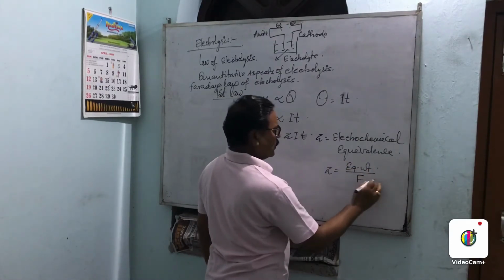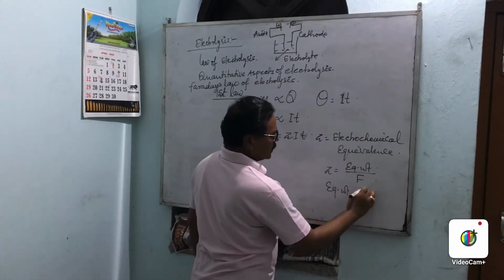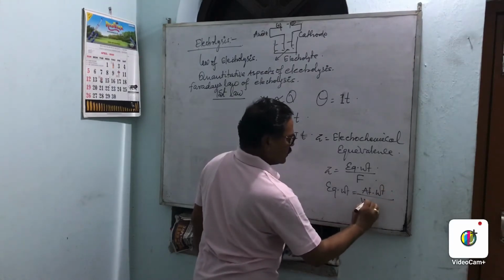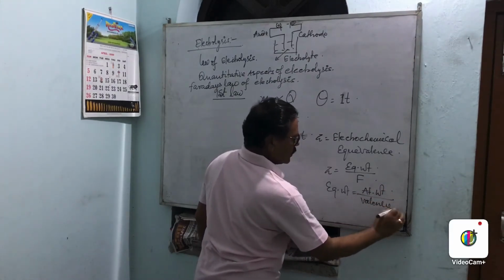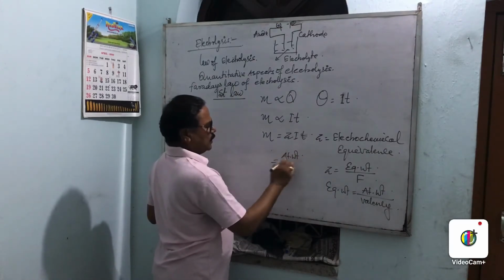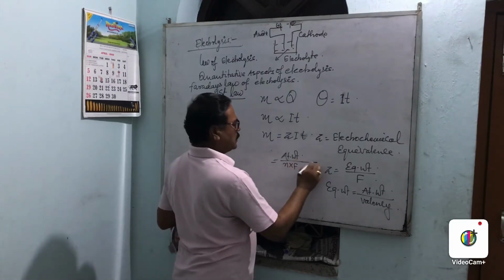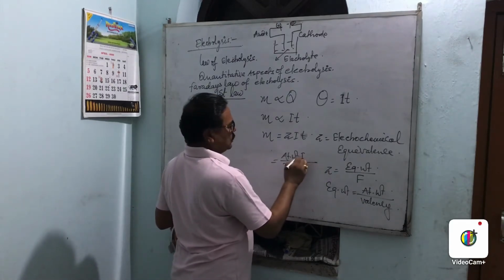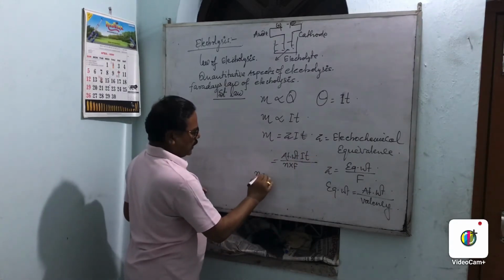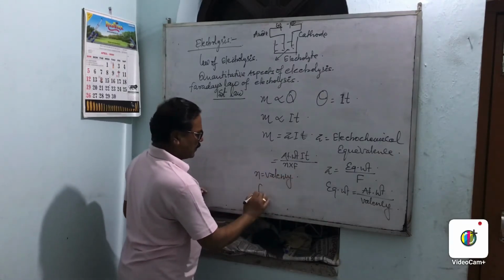Now this equivalent weight can be written as atomic weight by valency. So we can write atomic weight into I into T by N into F, where N is the valency and F is the Faraday of electricity.